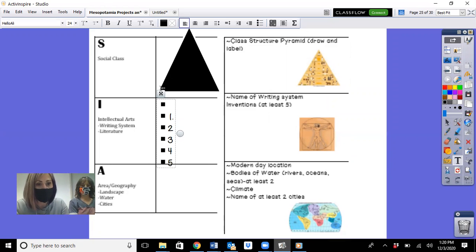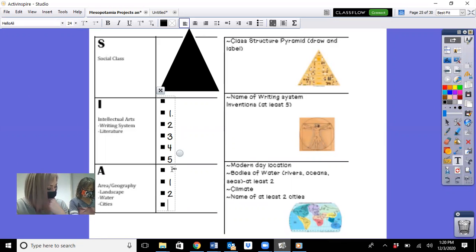And then area and geography is going to be, we'll just continue that. 1 for modern day location, 1 for bodies of water, 1 for climate. There were 2 bodies of water. Yep, so 2 bodies of water, 1 for climate, and then 2 cities. Obviously you can write yours so it fits, like we wrote ours so it fits. And again, you're just doing Mesopotamia. Okie dokie.